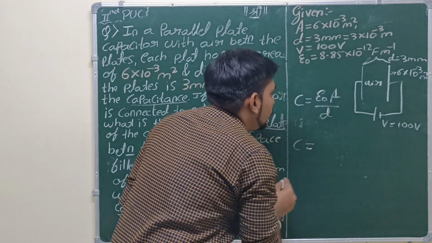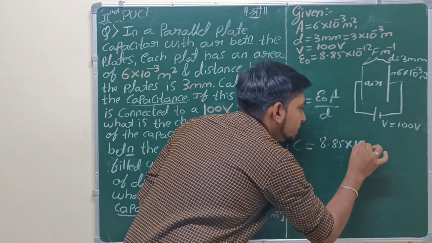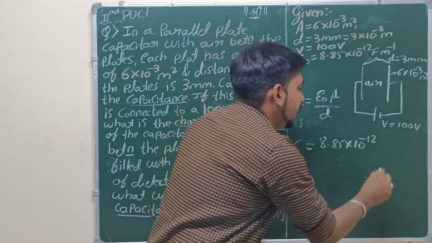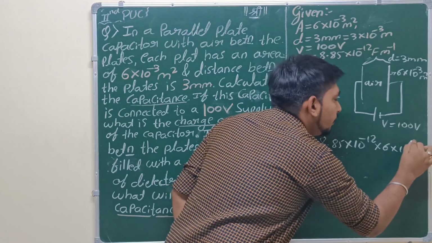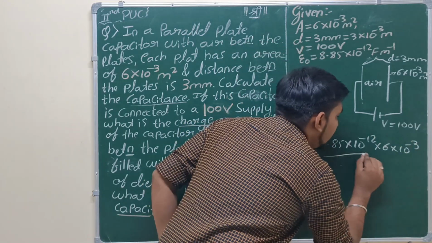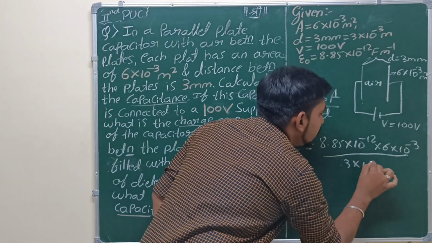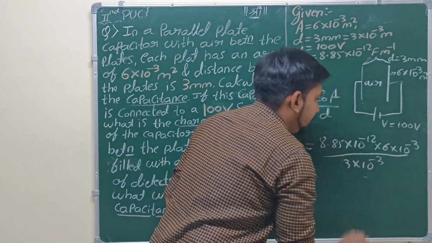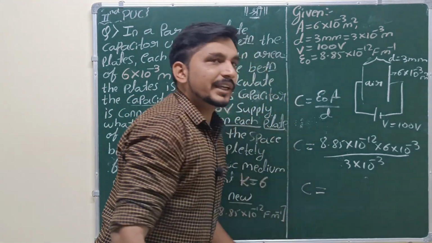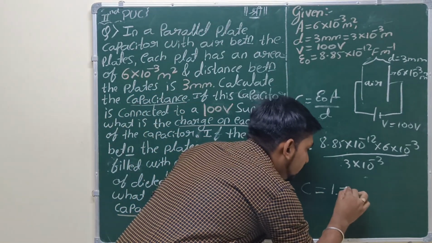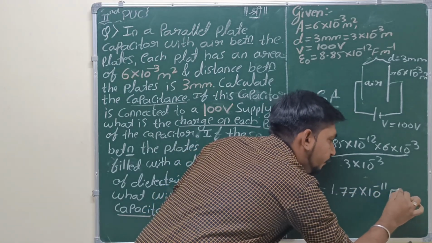C is equal to epsilon naught value 8.85 into 10 raised to minus 12, into the area 6 into 10 raised to minus 3, divided by the distance between the two plates, 3 into 10 raised to minus 3. If we calculate all these values, we will get the capacitance as 1.77 into 10 raised to minus 11 farad.